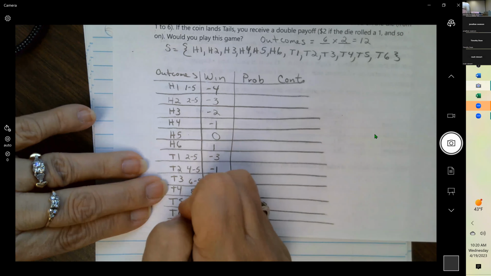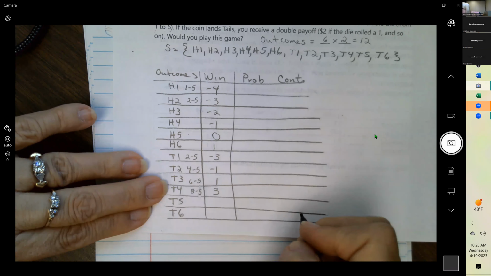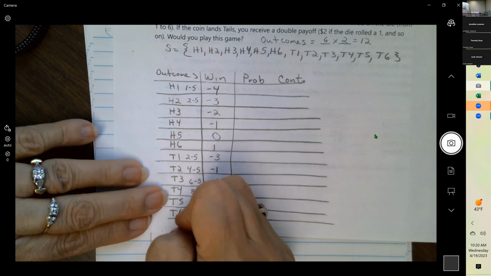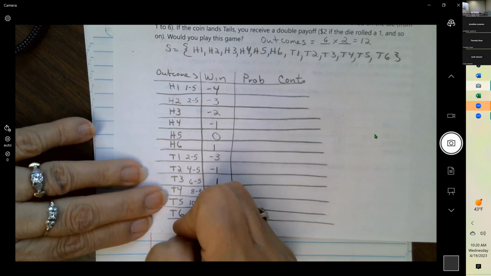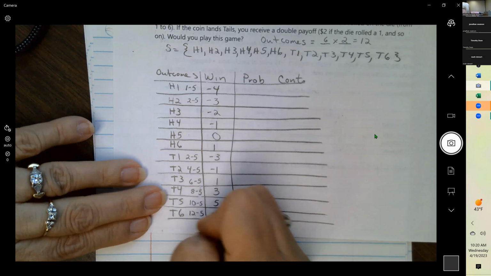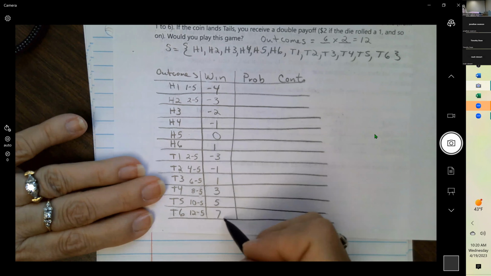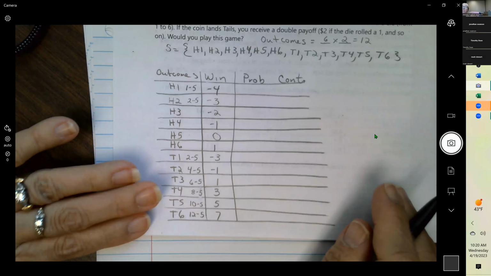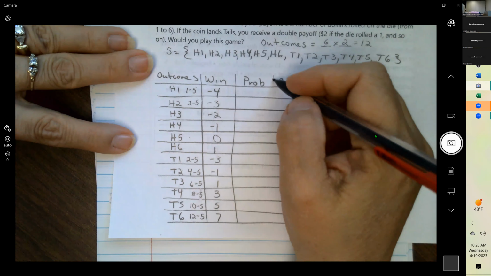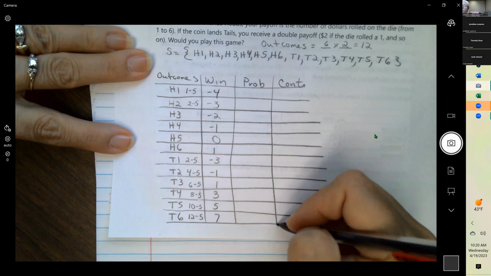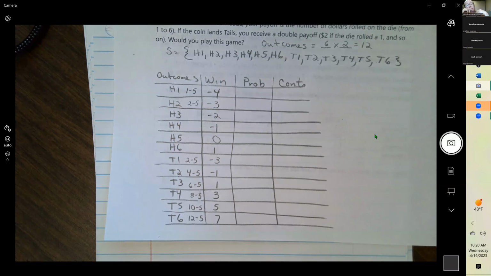Four doubled is 8. 5 doubled is 10. 6 doubled is 12. So getting a tails, we have better probabilities of winning than heads. Any questions on that part? So you take your winnings and subtract what it costs to play.